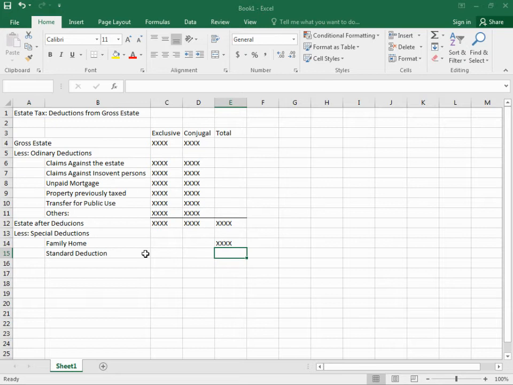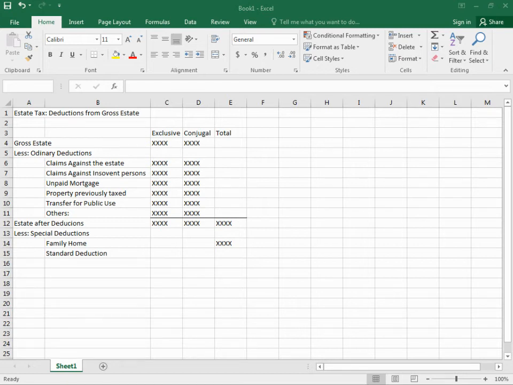Okay? Before, in our NIRC, meron tayong mga tinatawag nating funeral expenses, yung judicial and medical expenses. Those are covered before by our NIRC as itemized special deductions prior to the computation of estate tax.